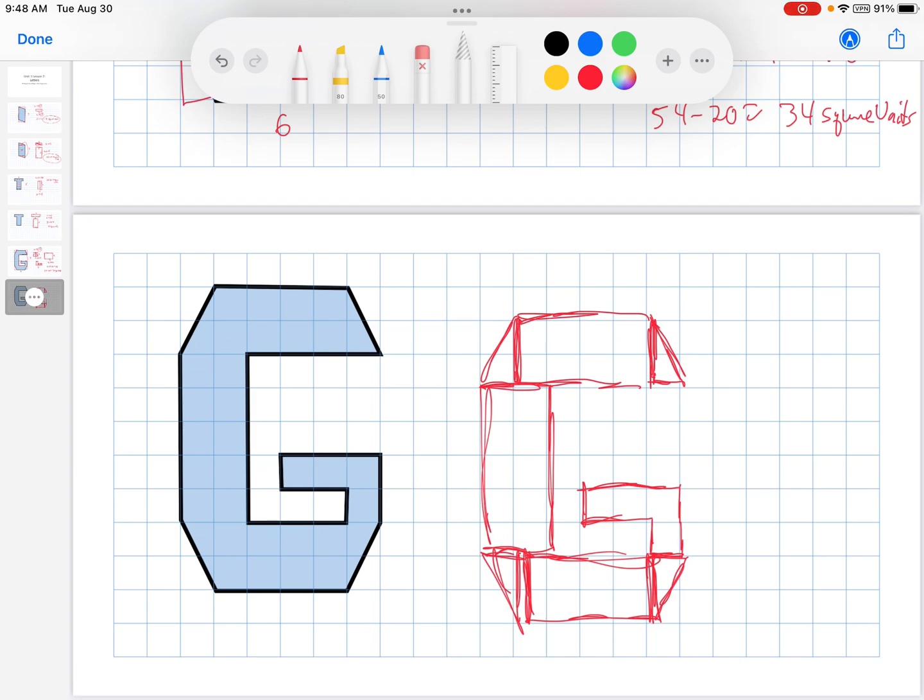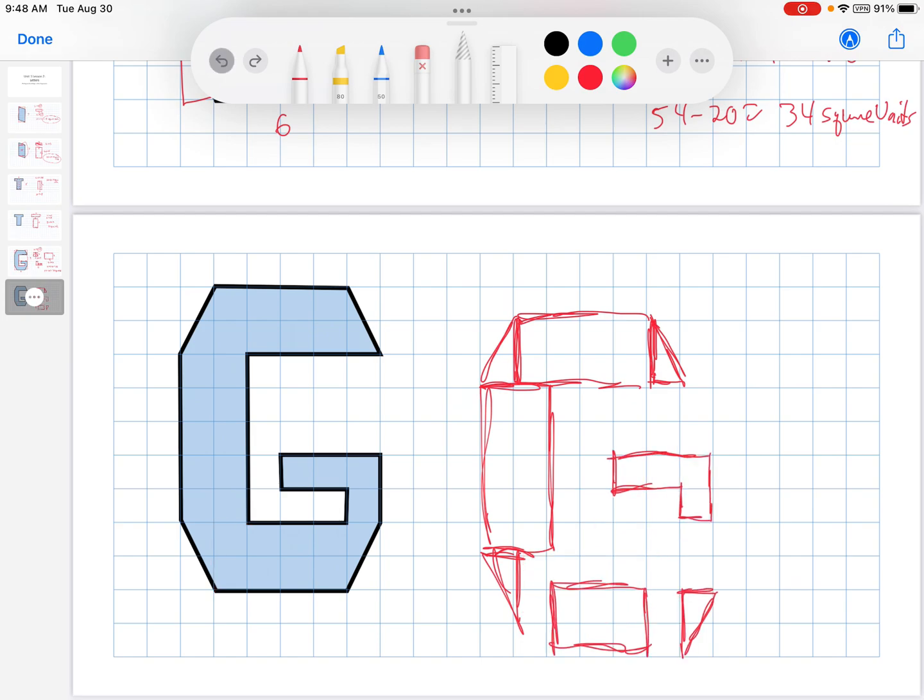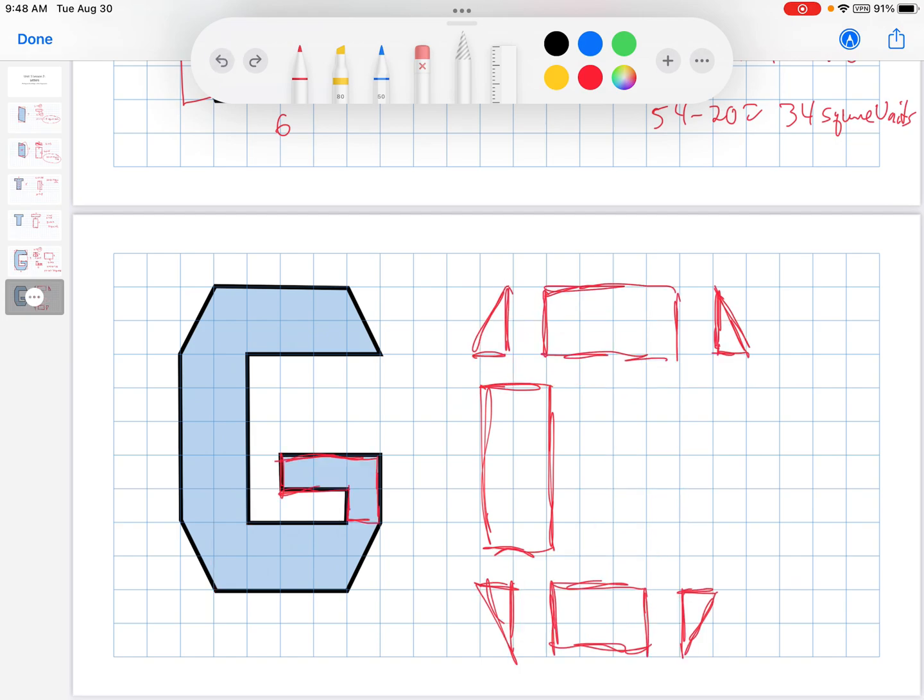Okay, so what does that mean? Well, let's take it apart again, and make that one the right size again.